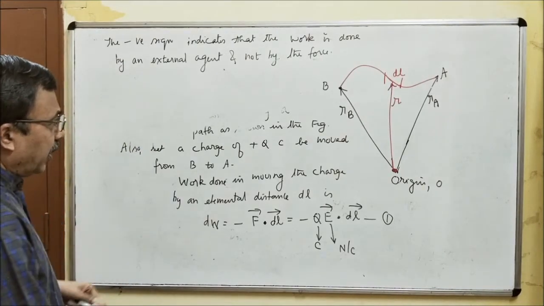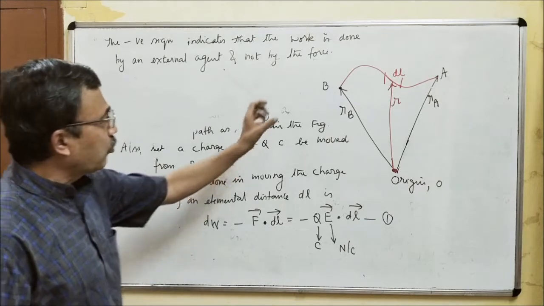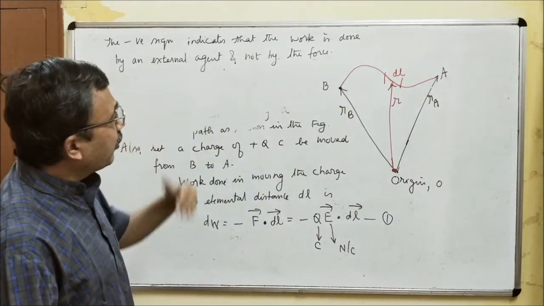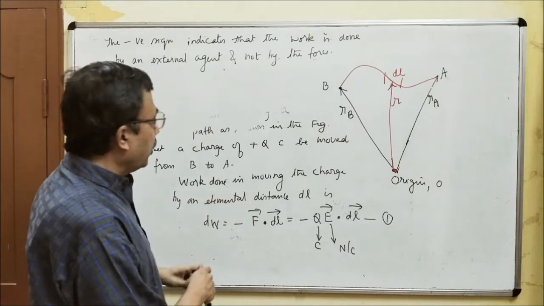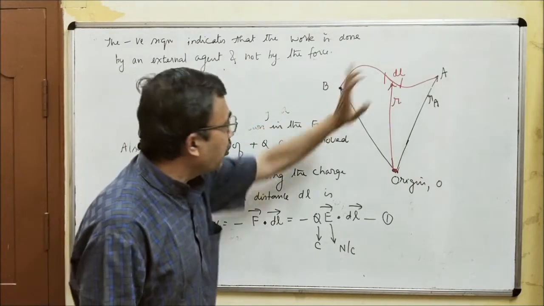Now this is the work done in displacing charge q by a small distance dl. What is the work done when a charge of q coulombs is moved from B to A is the next issue.